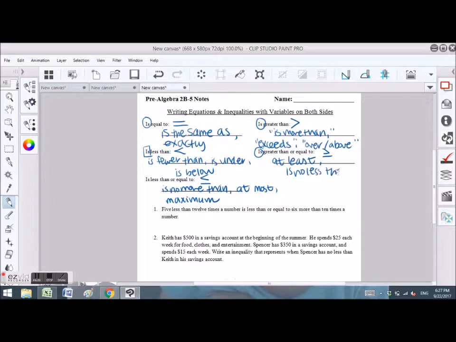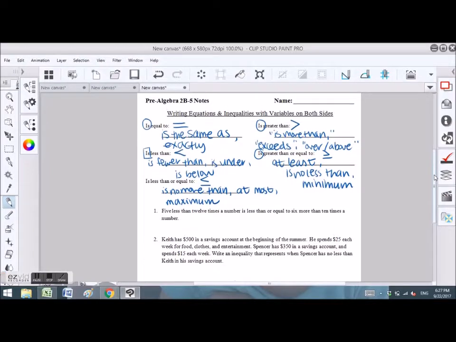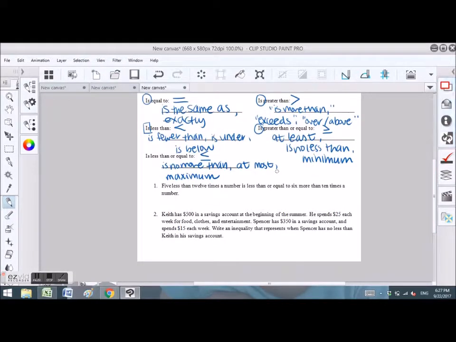Now we have is greater than or equal to, and some phrases: at least, is no less than, and the minimum.